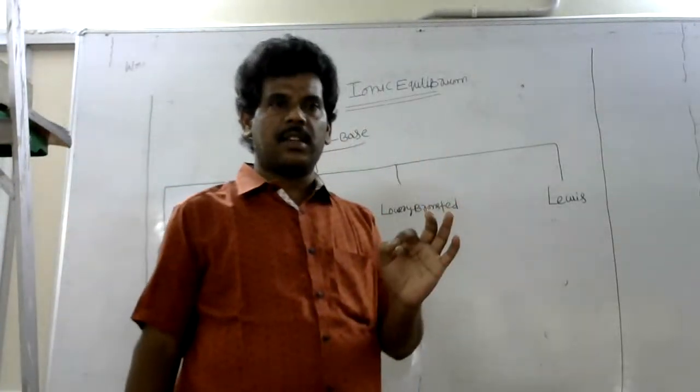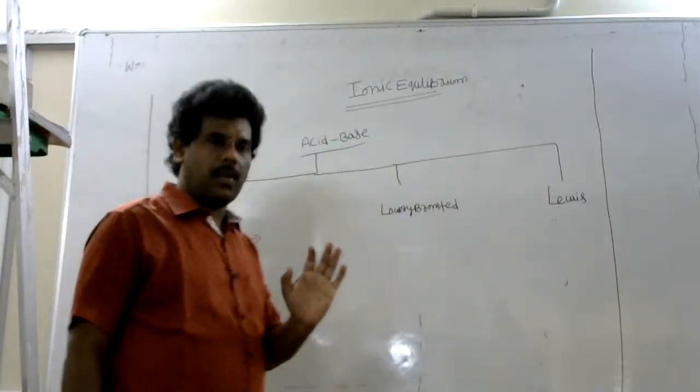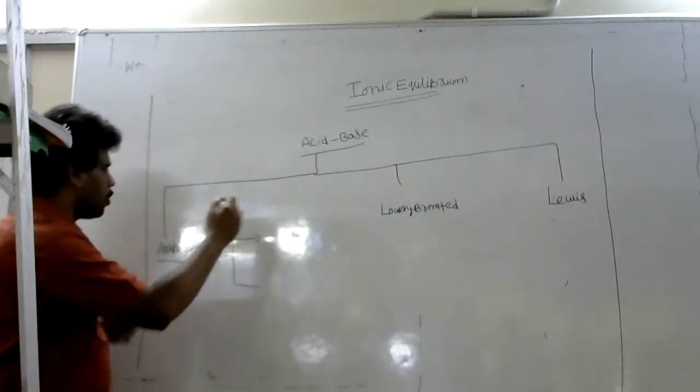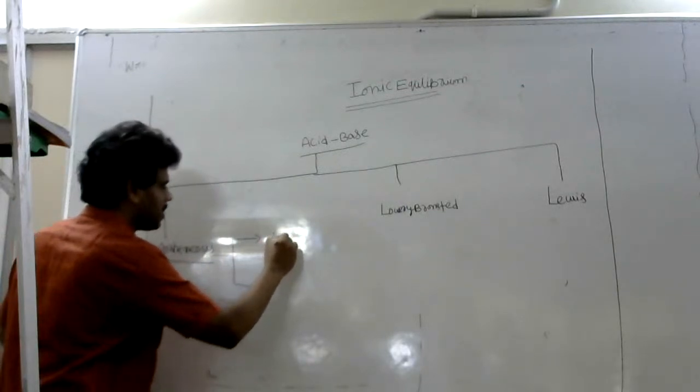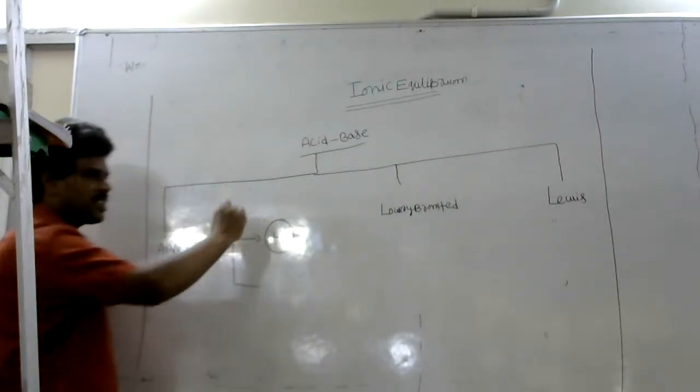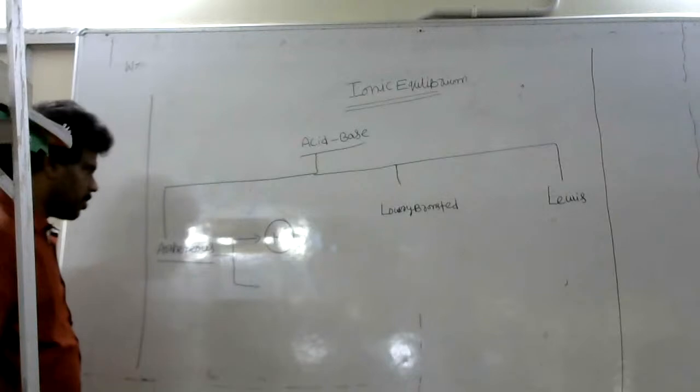A substance dissolved in water to produce H plus ion. This substance is called Arrhenius acid.